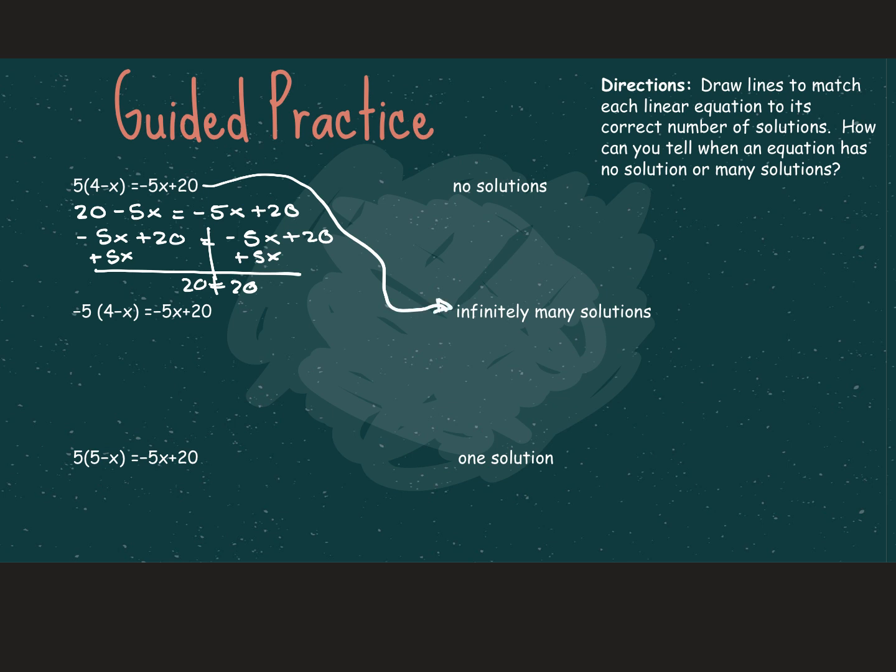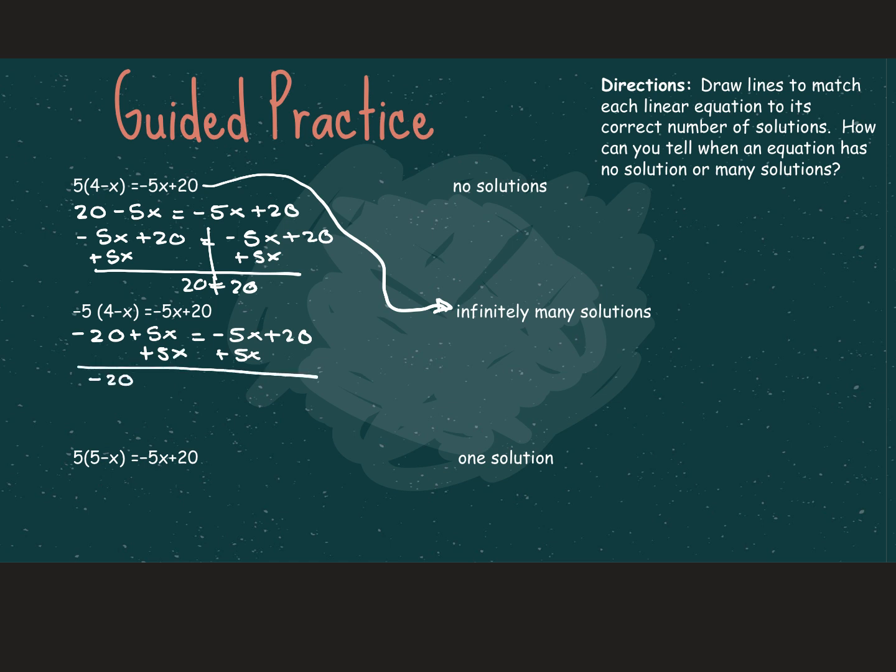All right, let's look at the next example. I'm going to distribute that negative 5. So I have negative 20 plus 5x is equal to negative 5x plus 20. I'm going to add 5x to both sides.